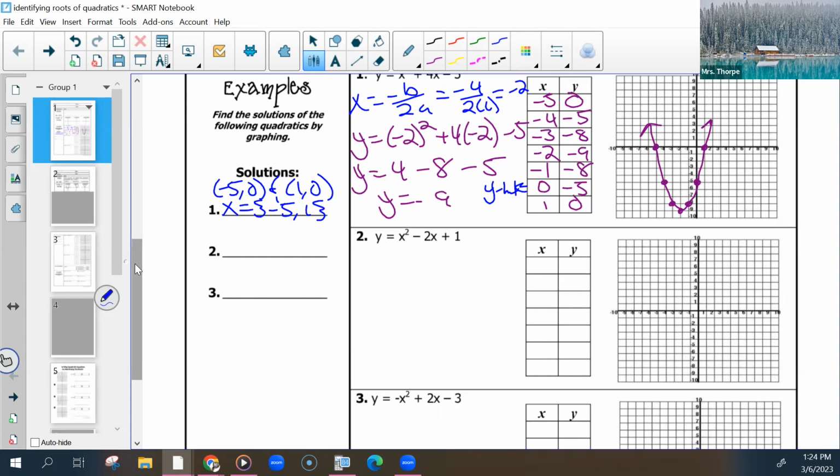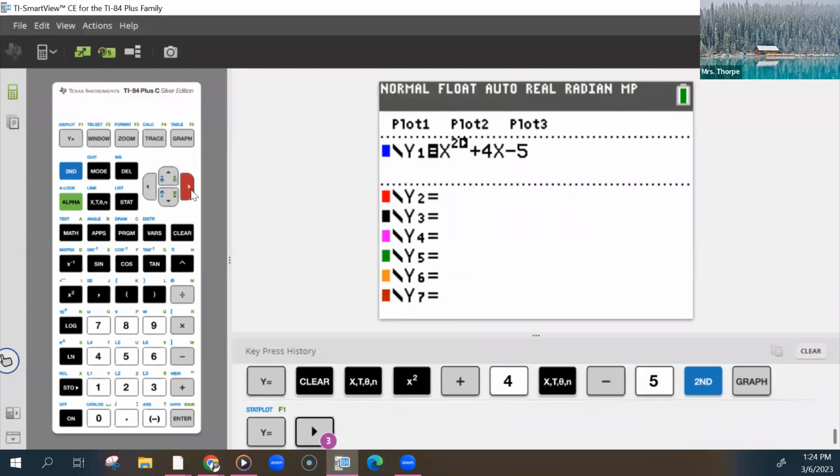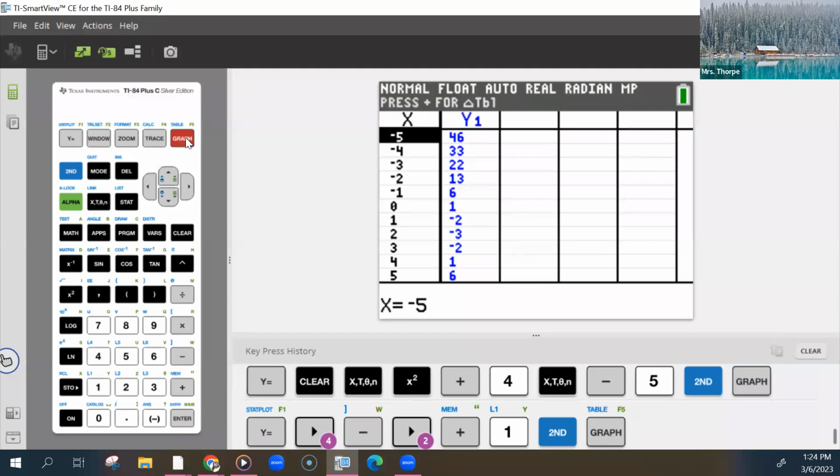The next one we're gonna do strictly in the table. So go ahead and put that in your y equals, and go to your table.